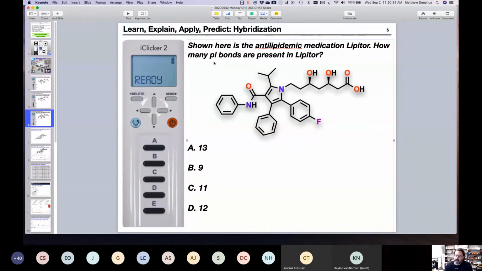So yeah, the consensus seems to be 13. Let's count those. This benzene ring has 3. Another benzene ring has 3. That's 6.